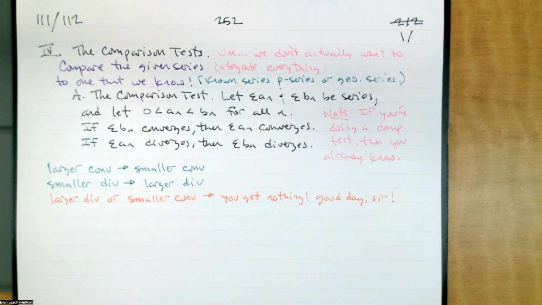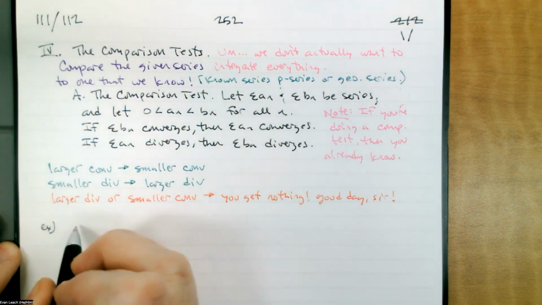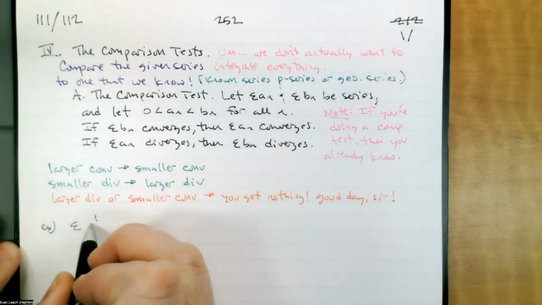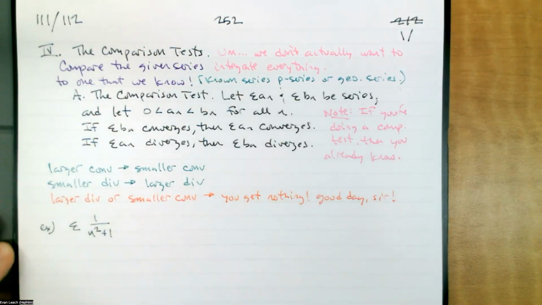Let's look at an example. When we look at this, 1 over n squared plus 1, let's also talk about how we're going to look at what's going on in this series.